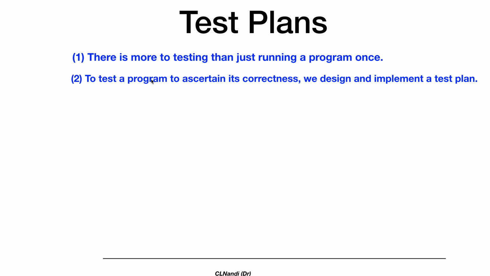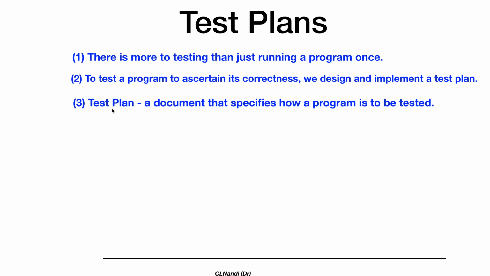To test a program, we want to ascertain the correctness of the program after all, so we design and implement a test plan. Design means develop a test plan, implement means put into action a test plan.